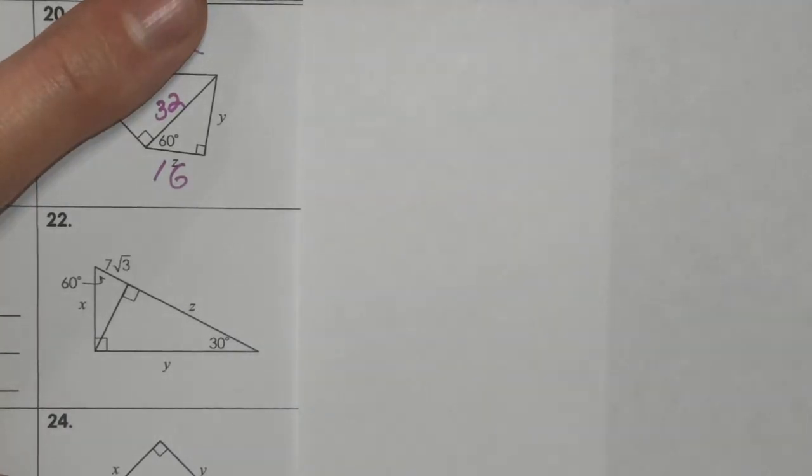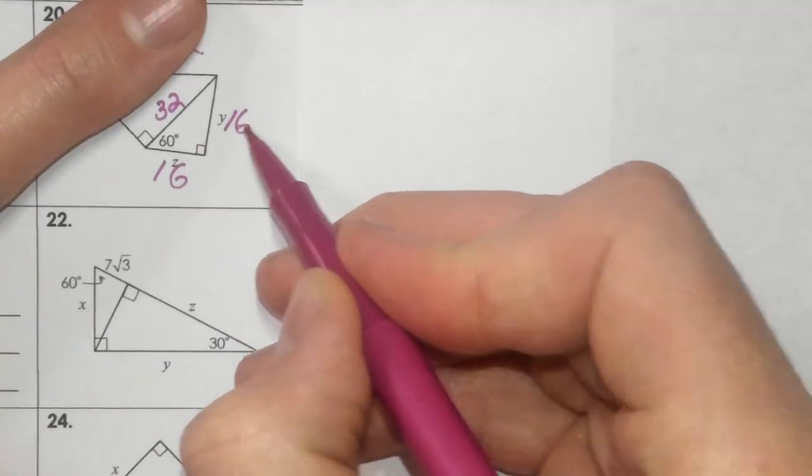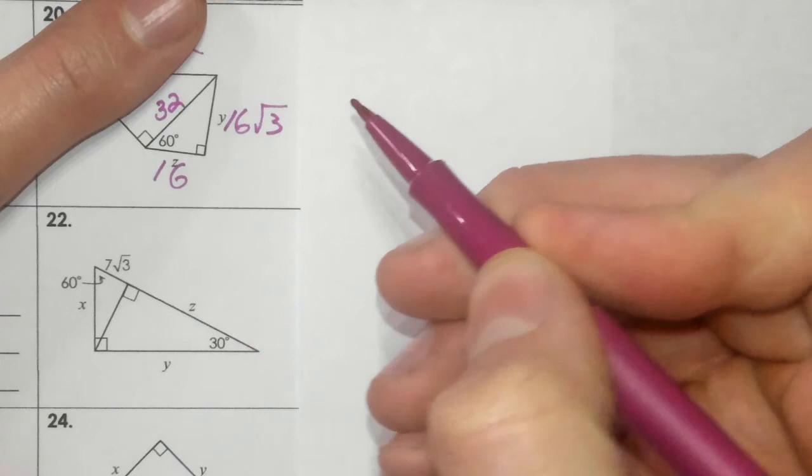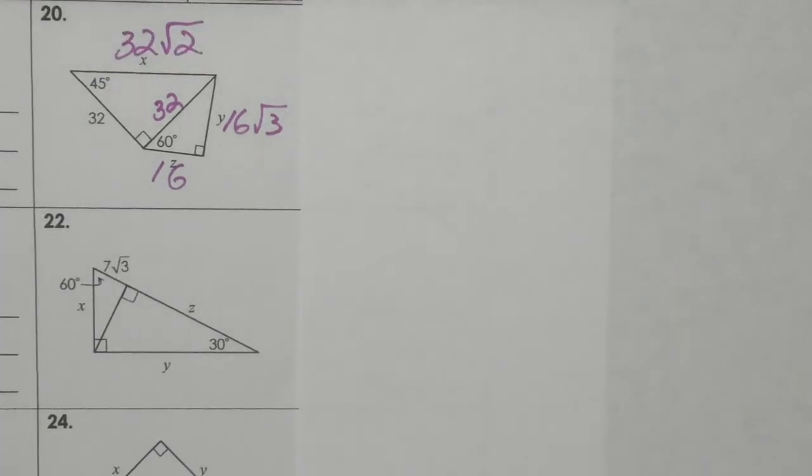And then the long leg is the short leg times the square root of 3, so this is going to be 16 times the square root of 3. That's that. The rest of these are pretty much the same. It's a series of two triangles, either a 30, 60, 90 with a 45, 45, 90, or some of them are just two 30, 60, 90s, but they all work the same way.